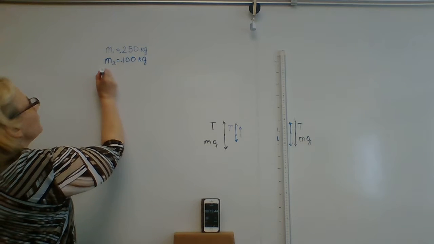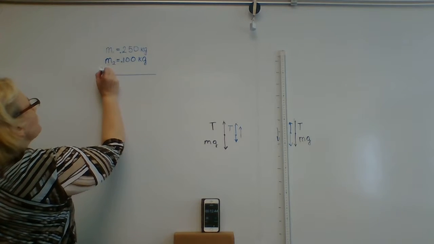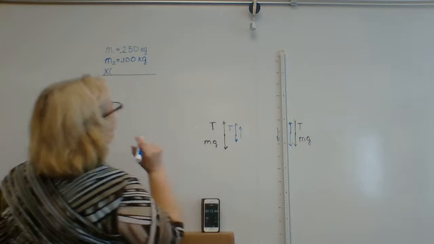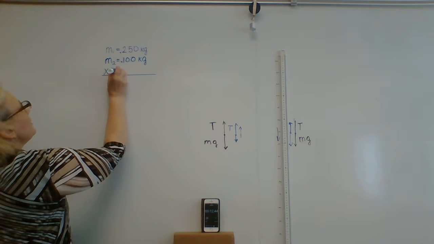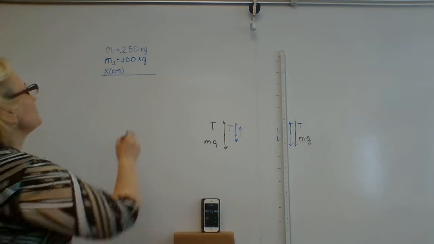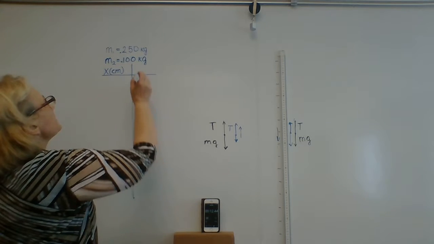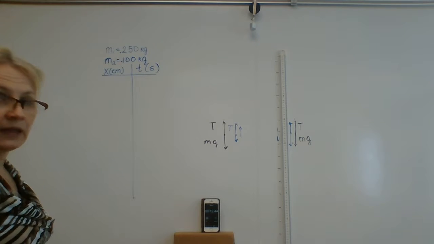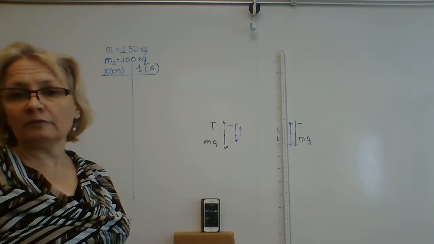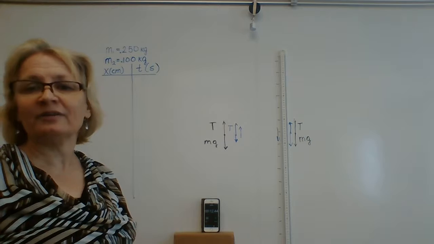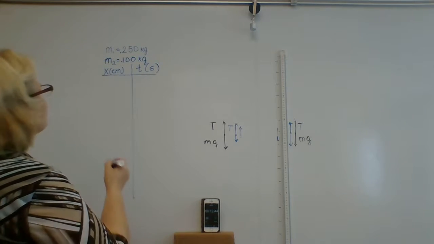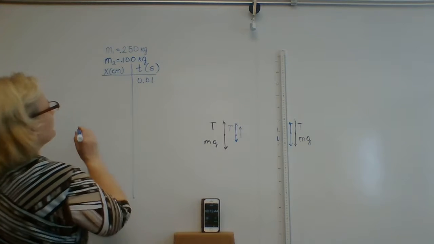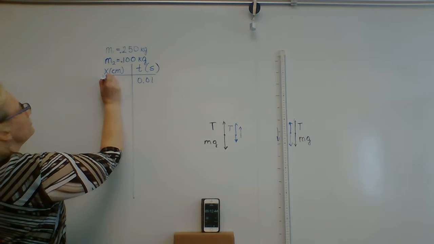And now what I will do is I will record the position. And since I will be looking at the ruler, it will be easy to read it in centimeters. And I will record the time, and it will be time in seconds. And I will move my recording frame by frame to detect that in the first, say, 0.1 of a second, the object moved.